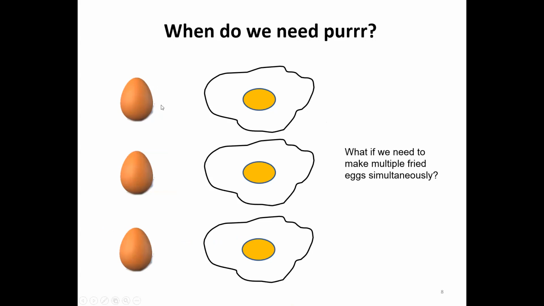And so you can think of a situation like this where purrr would be helpful. So if you need to do something similar for each column of your data set, for instance, you could use that map function to apply that recipe for what you need to do separately to each column.